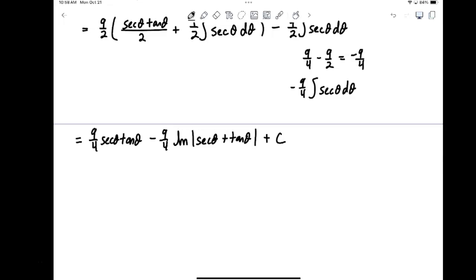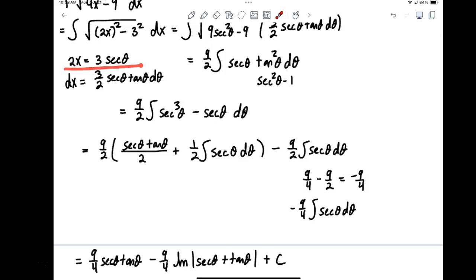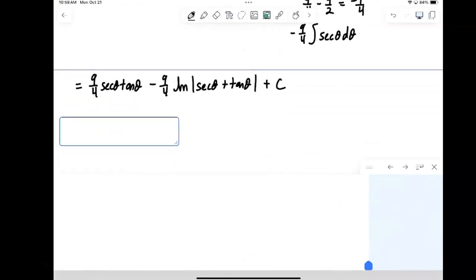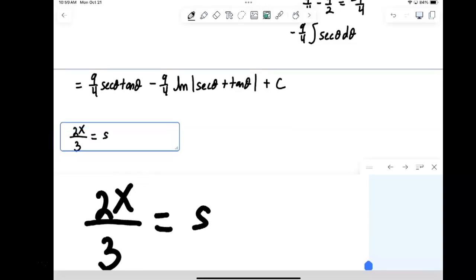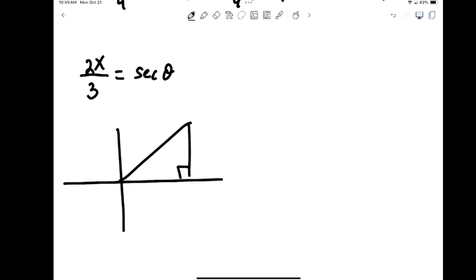So we remember now that 2x was equal to 3 secant theta, so we solved that for secant theta. That gives us that 2x over 3 is equal to secant theta. We then draw the picture for secant theta. Draw the angle generally here in the first quadrant. Secant, remember, is reciprocal cosine.